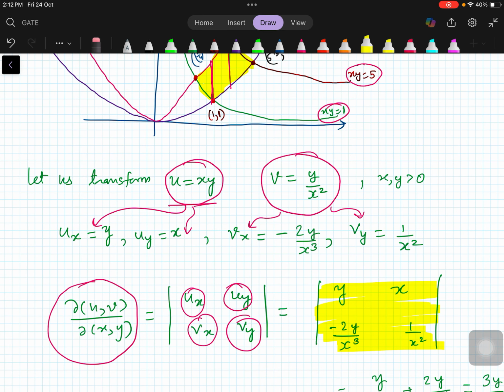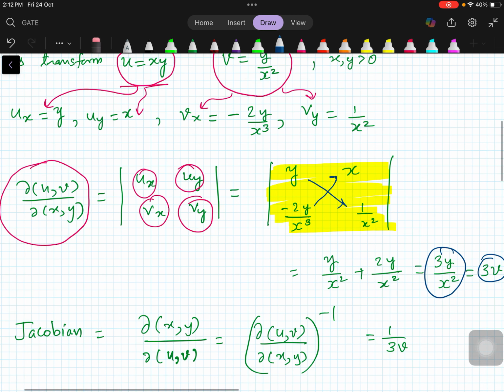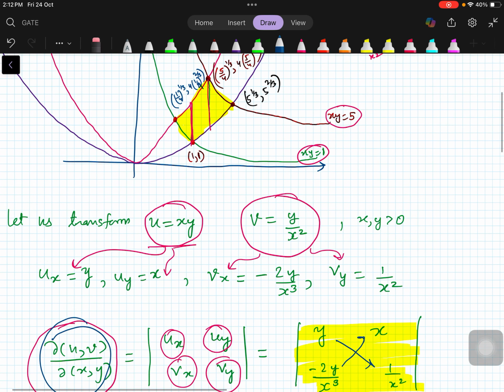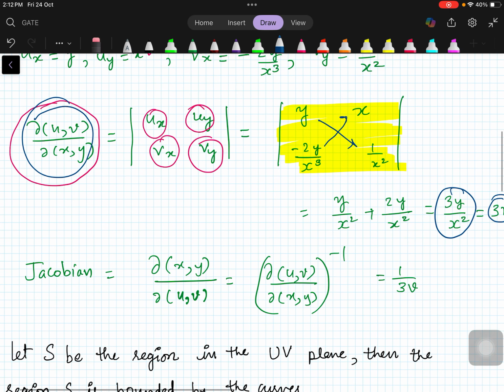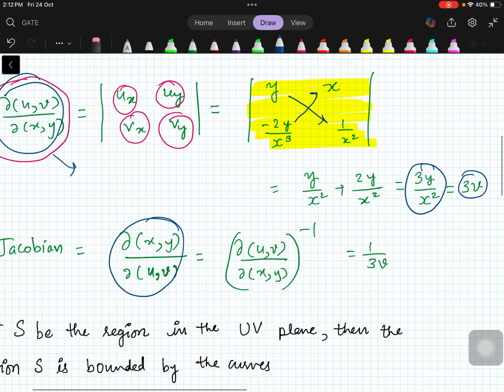Once we have the Jacobian, we just have to calculate the determinant here. So the Jacobian is 3y upon x square, which is actually 3v, right. We have calculated the Jacobian from uv to xy, but because our integral contains dx dy, we need the Jacobian from xy to uv. That will be just the reciprocal of whatever you have got here.